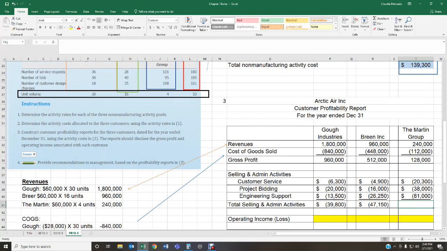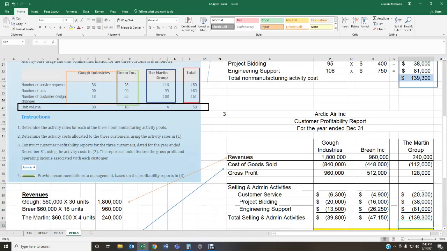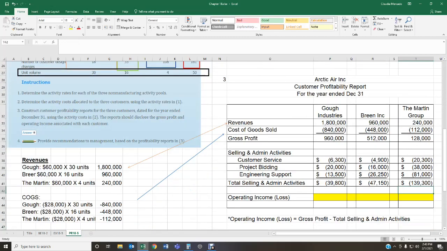So your total will be 139,300, which is what we have here. These are my costs. This is what I'm going to allocate for my selling and admin expenses to my 3 top customers: 39,800 to Go, 47,150 to Bryn, and 139,300 to the Martin Group.